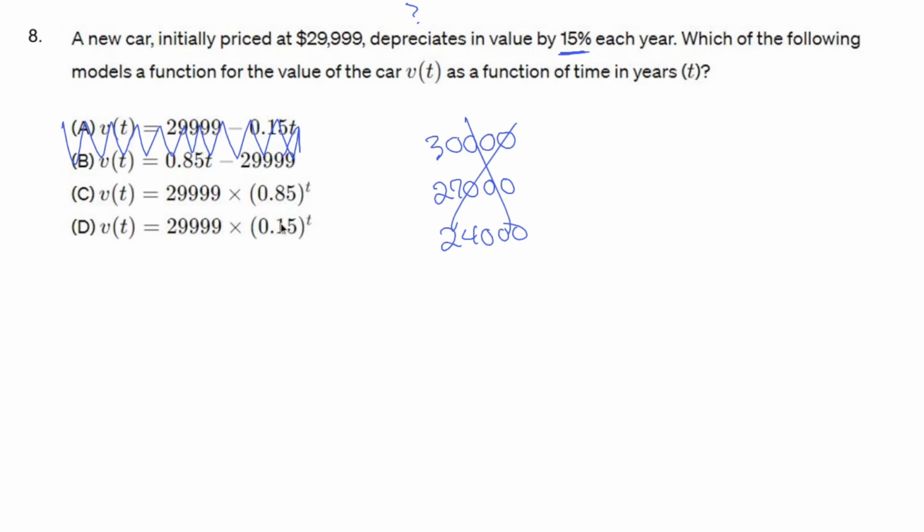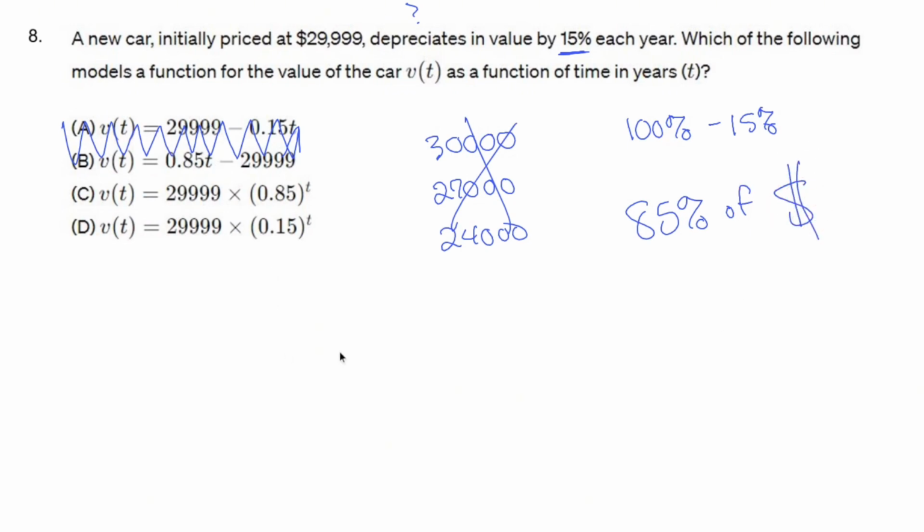Now, if you're tempted to say, okay, well, we'll just multiply it by 0.15 because 15% is 0.15. No. If something loses its value by 15%, what you're doing is taking 100%, subtracting 15%, and you're now taking 85% of that price.